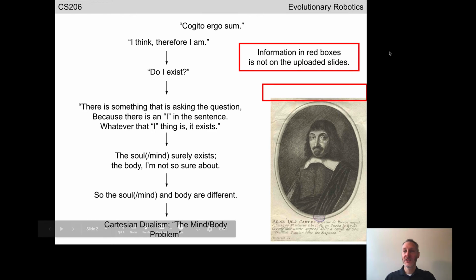Okay. Cartesian dualism has also been referred to by the philosopher Daniel Dennett as Cartesian gravity. It's this invisible force that seems to be acting on our thinking, and it warps the kinds of questions we ask about intelligence in general, and that's probably not a good thing.